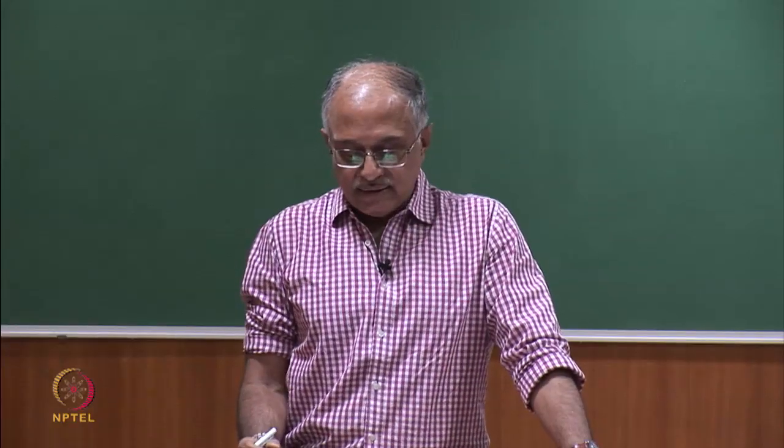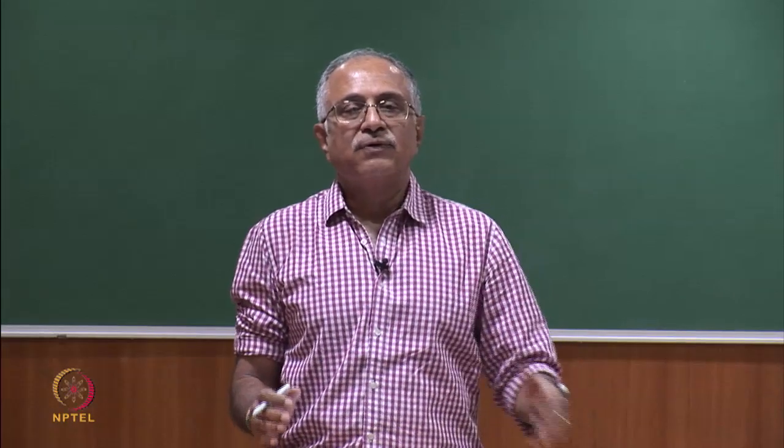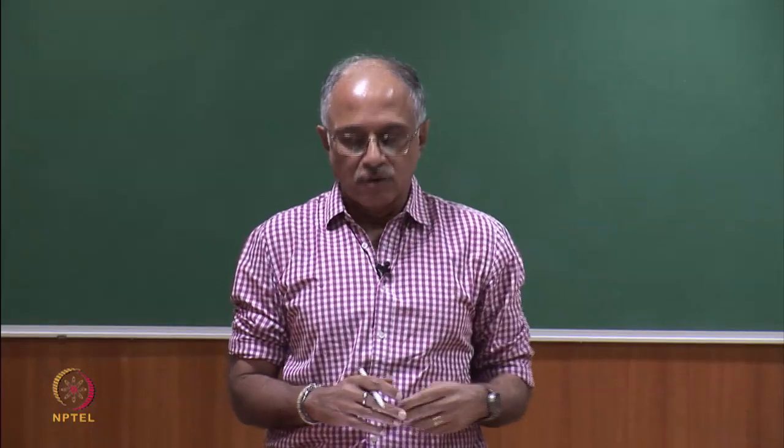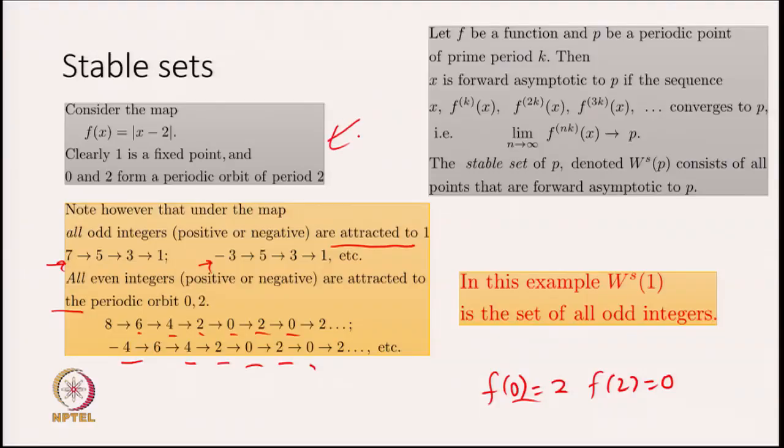The stable set is the set of all the points that will either go to the fixed point or to the periodic orbit.